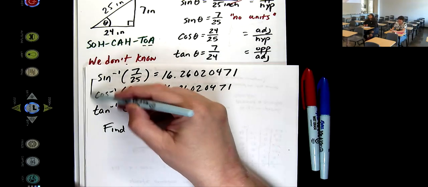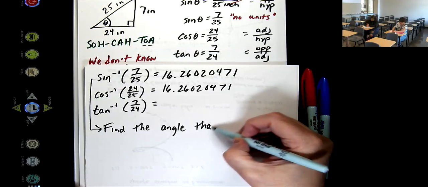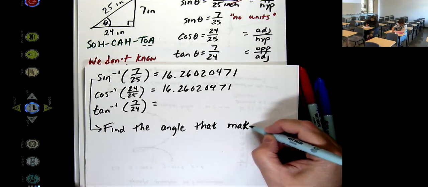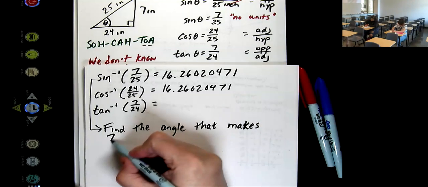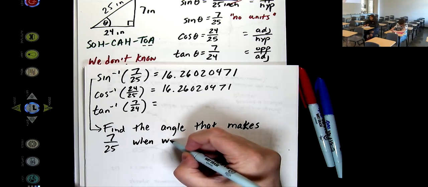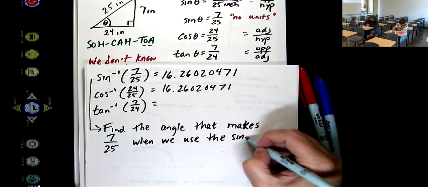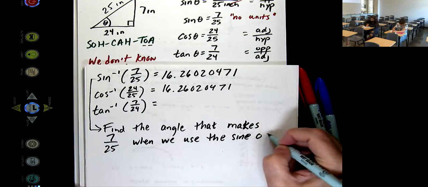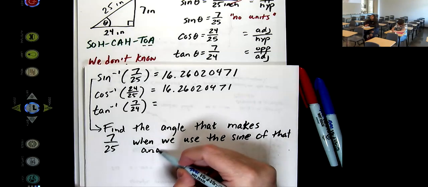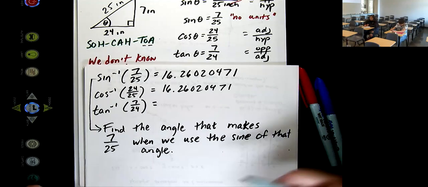This is what this top one says: find the angle that makes 7/25 when we use the sine of that angle. Sine, S-I-N-E.